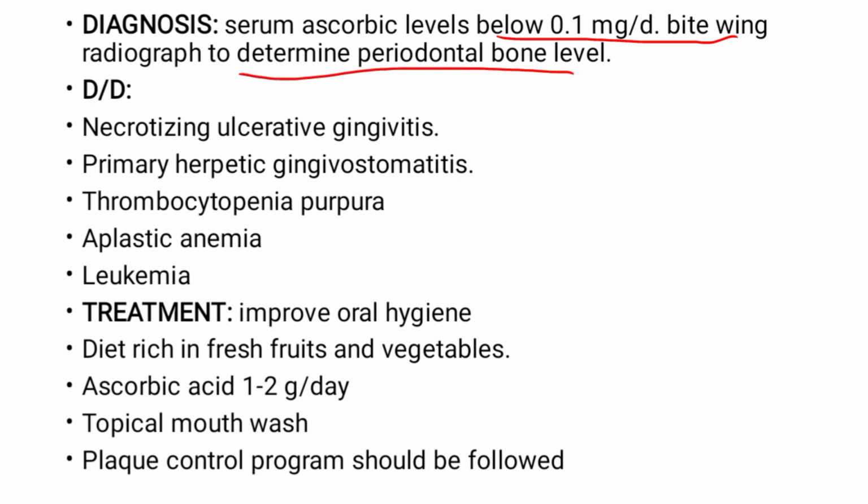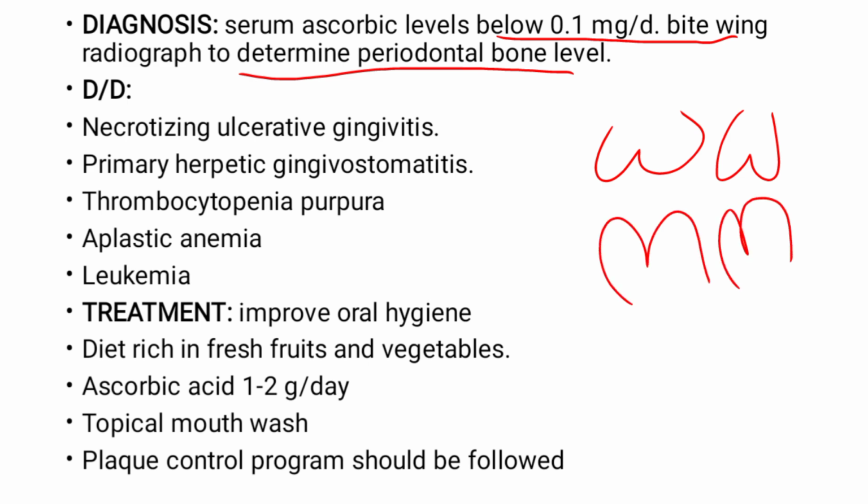A bite wing X-ray is taken of two opposite teeth upper and two opposite teeth down, so you just assess the bone level.